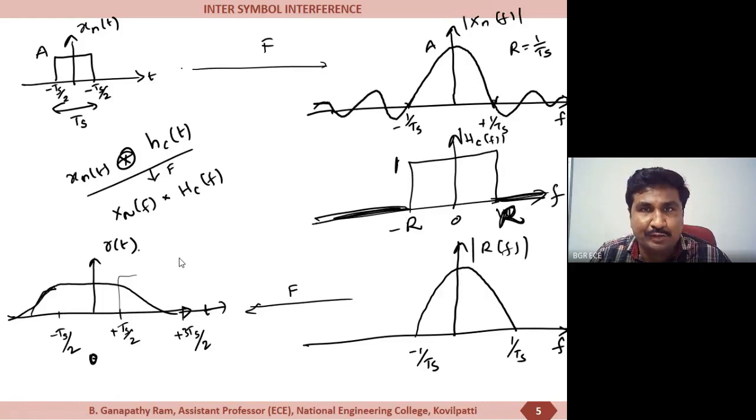So if you want to avoid this inter-symbol interference, instead of transmitting this exact rectangular shaped signal, we need to use another kind of signal.